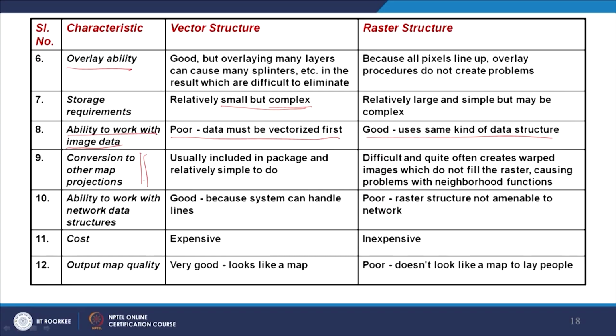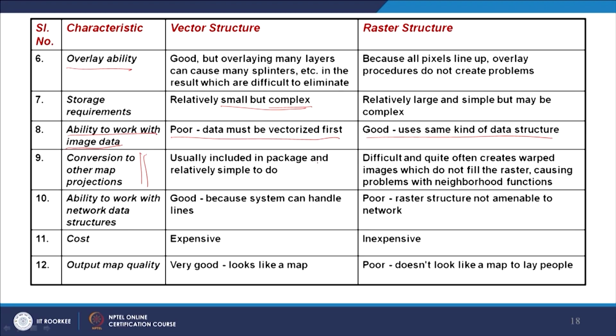So, hundreds of such projections have been implemented in GIS, but not all of them are fully transparent. If I have to convert my data from one projection to another, especially vector data, then generally it is quite smooth and I can do it very easily.